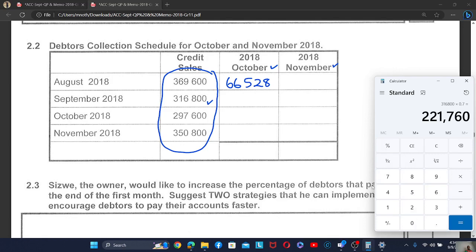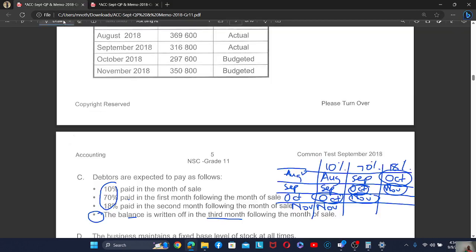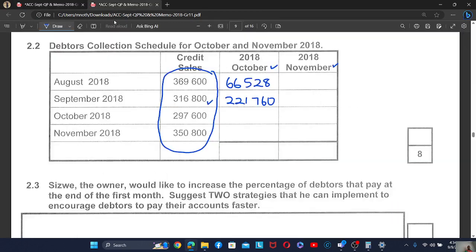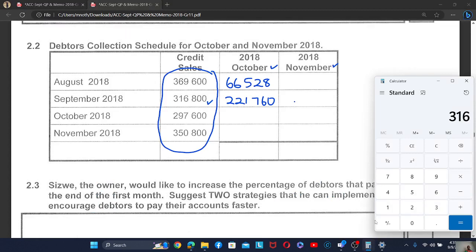That is 221,760. And then, still in September, 18% will be paid in November. So 316,800 multiplied by 18% is 57,024.